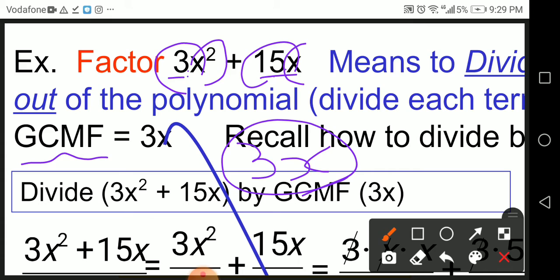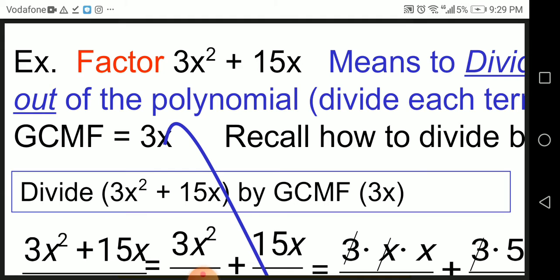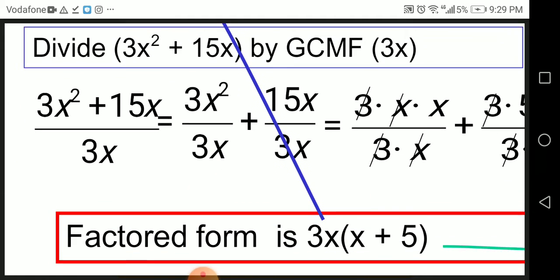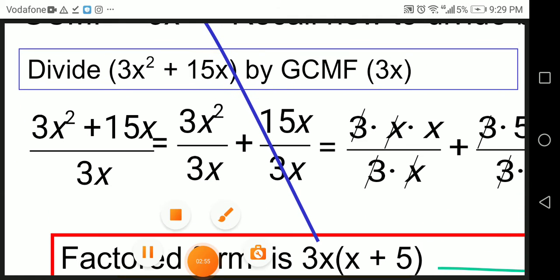Okay, I have 3x here. What should I do? Divide the expression 3x to the power 2 plus 15x by 3x, the greatest common monomial factor. It's very easy. So let's do it.